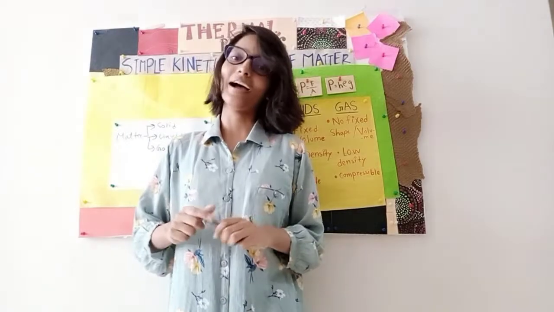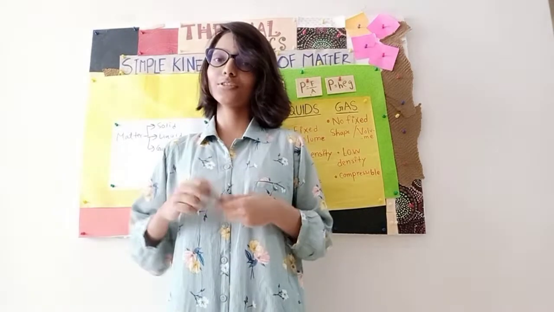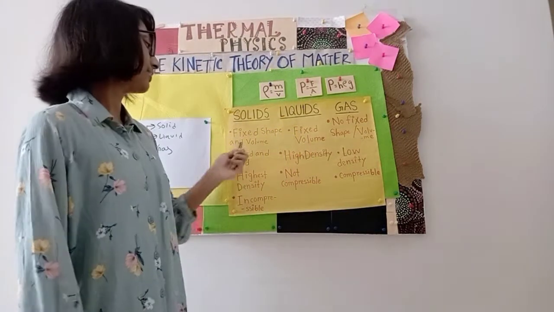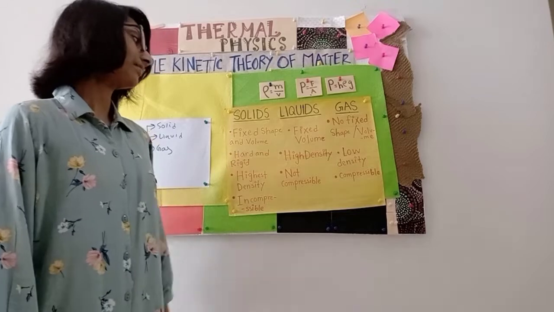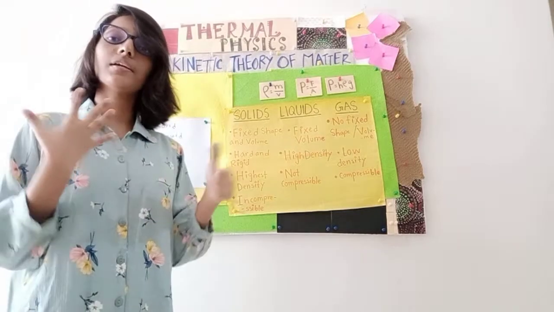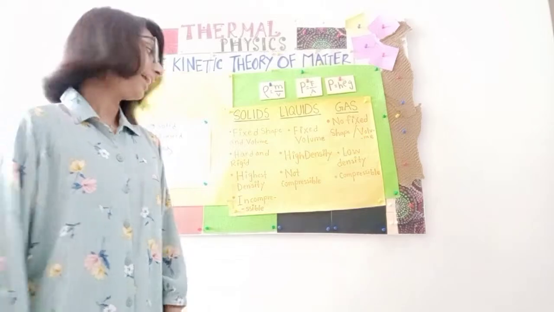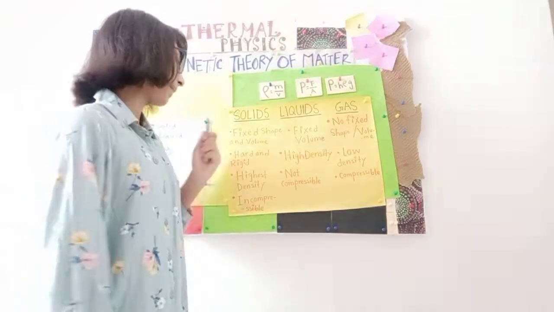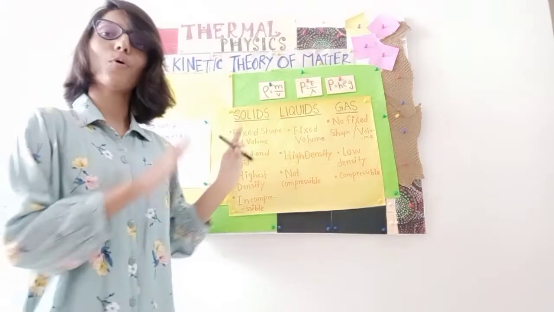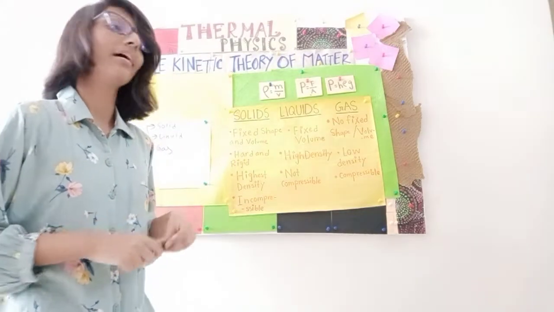And that is why solids have a fixed shape and fixed volume. In fact, due to their strong intermolecular bond, solids are incompressible. And I guess now we understand why solids are hard and rigid. It's all related to these things.